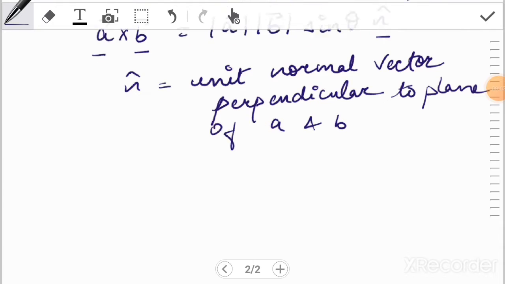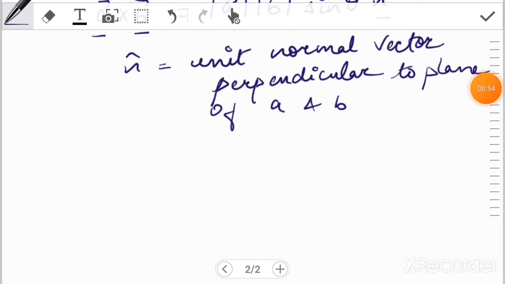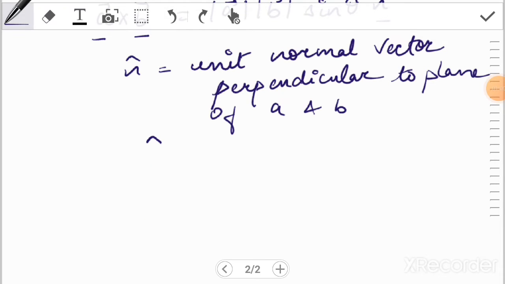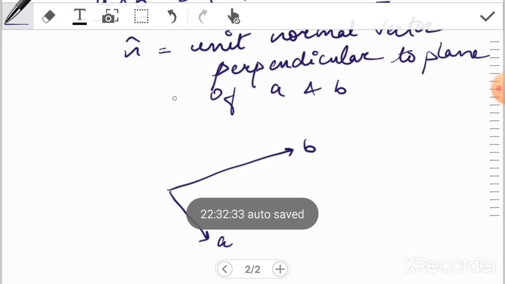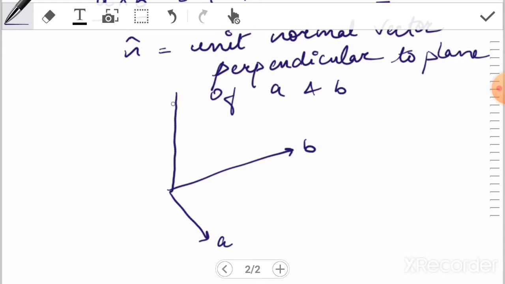Let me show this with a figure. If this is B and this is A, let's say we have this vector perpendicular to both of them.